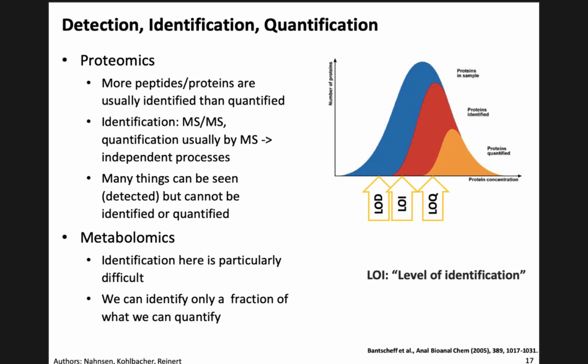When we look at which parts of the proteome we can detect, identify, and quantify, then we also see a few differences. More peptides and proteins are usually identified than are quantified. Why is that the case?